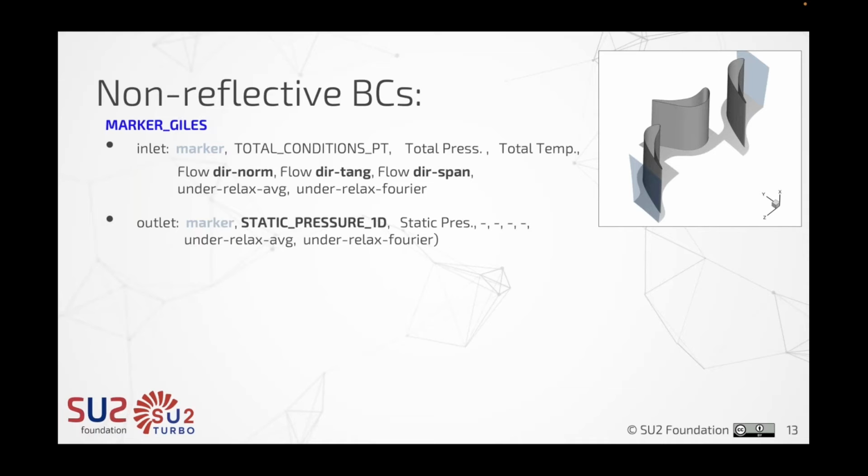If we specify the static pressure 1D, what happens is that whenever the code has to check if the boundary condition is matched or not, at each span-wise section, the code will compute some average static pressure at that specific span. And then their average has to match the value that is specified here, which is, of course, less constraining than requiring each of those sections to respect the static pressure value.